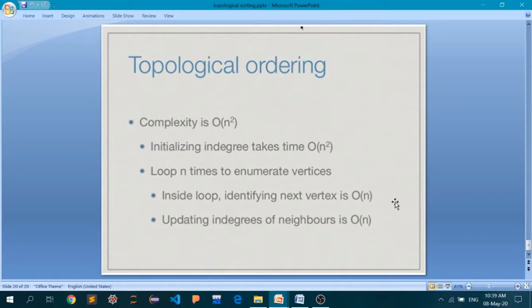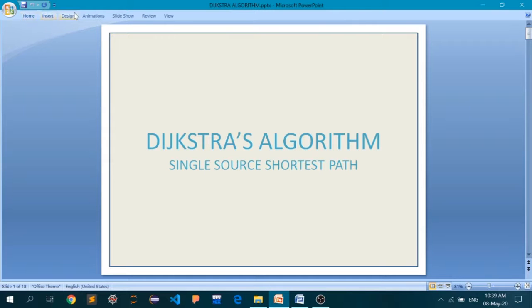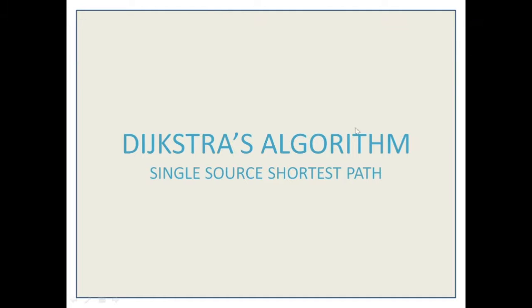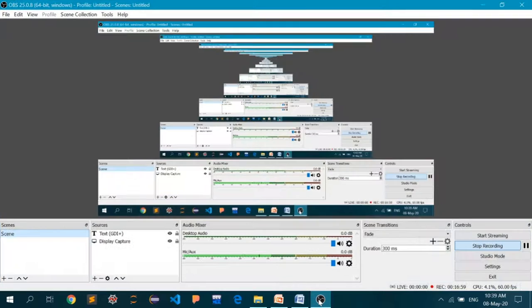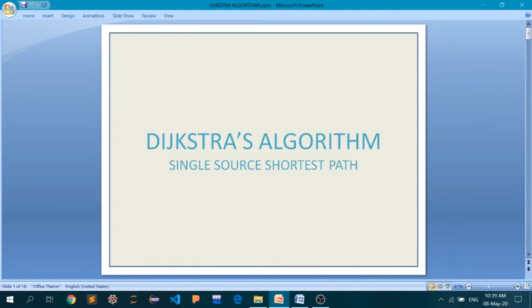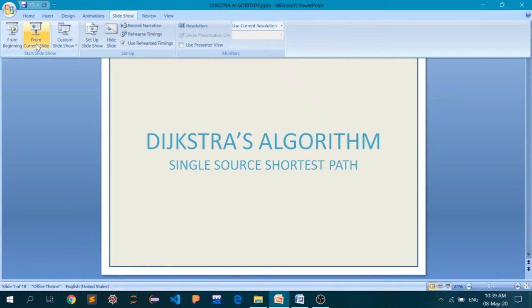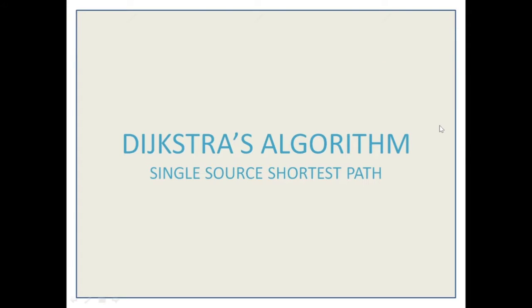Now we'll move on to our next topic, the stipulated topic for this lecture, called Dijkstra's algorithm. I will not conclude this topic in this lecture, as it's going to take me more than 30 minutes.